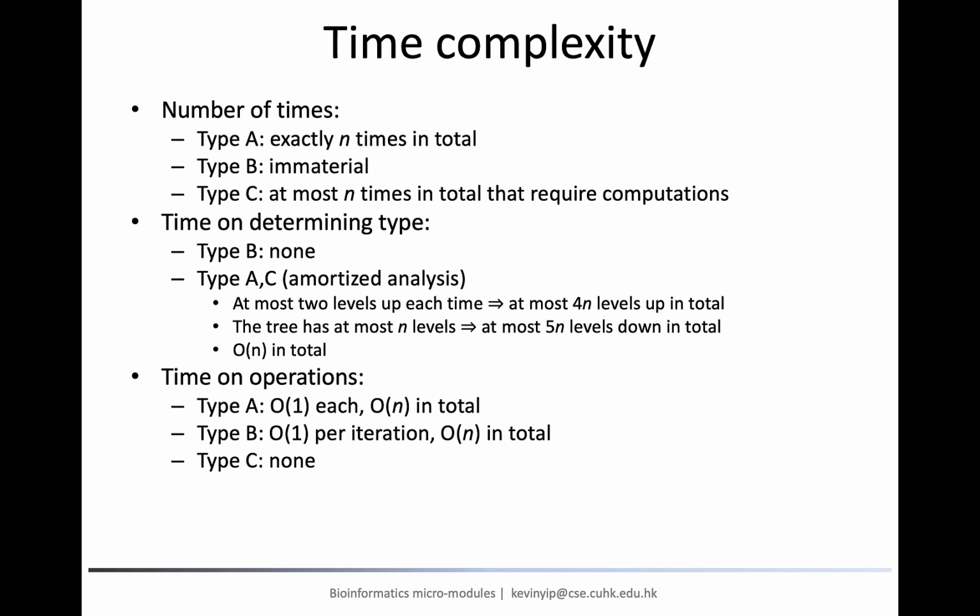As for type C, they do not require any operations. For type A and type C, sometimes we also need to create a suffix link, which only requires constant time. Considering all these together, the overall time complexity of the whole algorithm is order n for a sequence of length n.